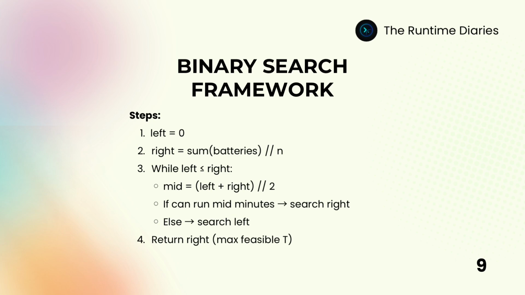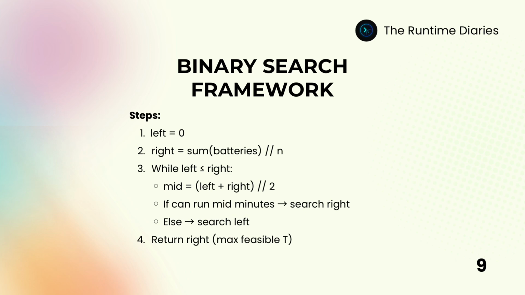First, we know left equals 0 minutes is always possible. Second, the upper bound is right equals the sum of all batteries divided by n, using integer division. Third, while left is less than or equal to right, we compute mid as the average of left and right.